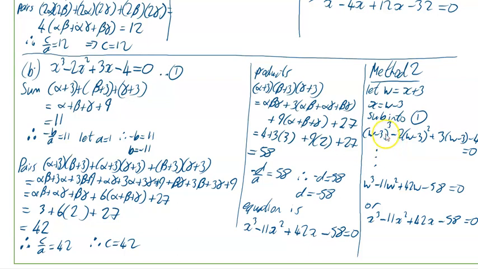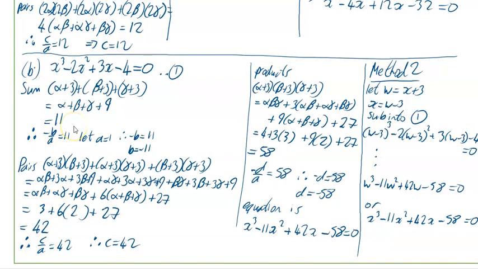If I were doing that, I would probably just draw out my Pascal's triangle, the 1, 3, and so on line, just to help me expand this really easily to get the coefficients, and I would just do each one of these out, and then we're good to go. So the final solution of this question is x cubed minus 11x squared plus 42x minus 58 equals 0.